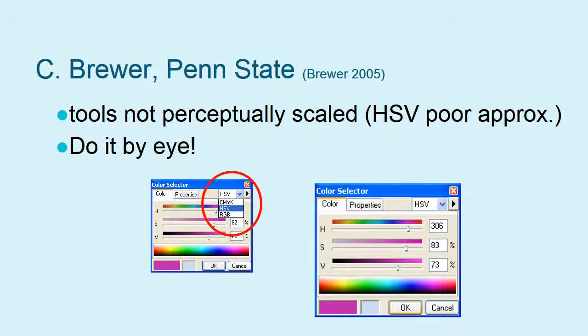Don't use RGB values of 100, 100, 100, and then shift and do RGB values of 150, 150, 150. That may not work. You really need to do that by eye. But the Color Brewer will give you colors and will give you those RGB and other values that you can insert in here. So it's a very, very useful tool. So check out the Color Brewer 2 and just do a Google search.